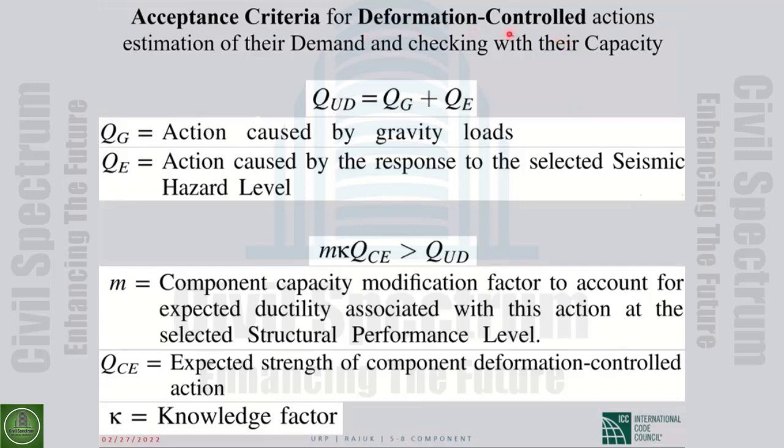Linear analysis doesn't show the damaging, but in reality, the deformation control actions may get damaged, and we need to measure the level of their damage, because the performance level is based on the level of damage.